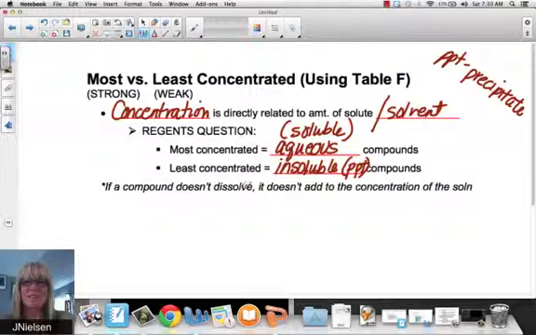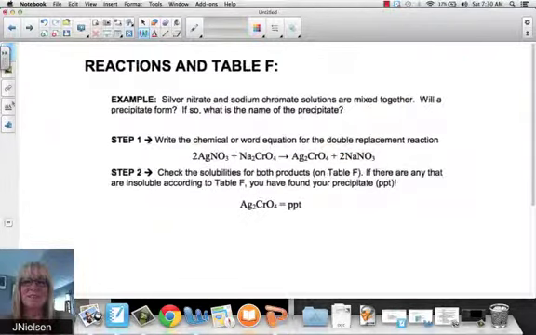So if a compound doesn't dissolve, meaning it forms a precipitate, then it can't add to the concentration of the solution. When we say concentration is directly related to the amount of solute per solvent, it's the amount of solute dissolved, which is important, in the solvent. So let's take a look at some examples where you would have to use Table F.